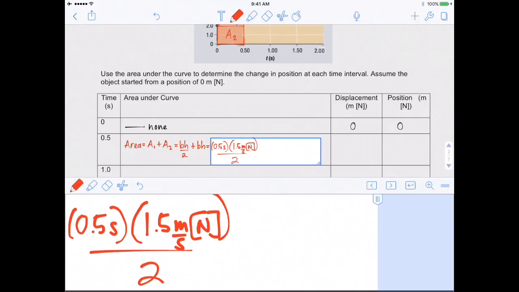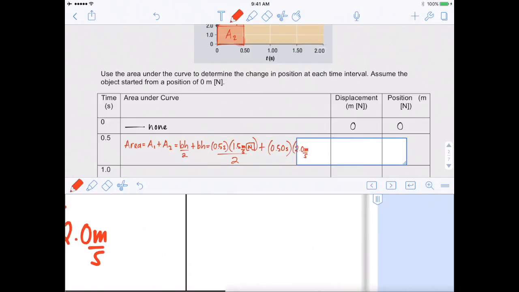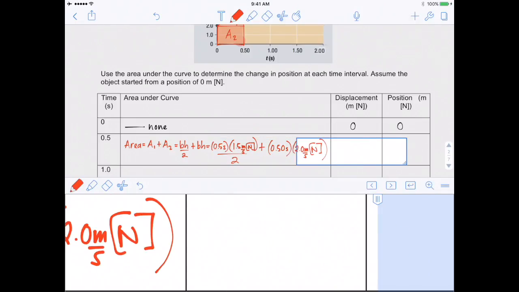Now the rectangle has a base again of 0.50 seconds. And a height, this rectangle goes up to 2.0 meters per second north. If we simplify this, if we add up the area of the triangle and the area of the rectangle, we end up with 1.4 meters north.